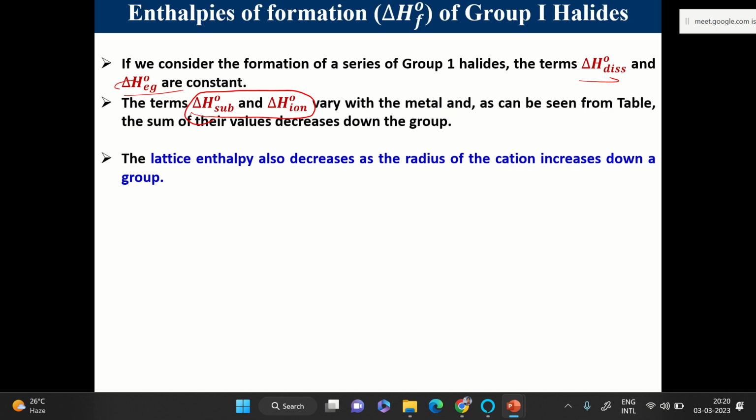So lattice enthalpy also decreases as the radius of the cation increases down a group.